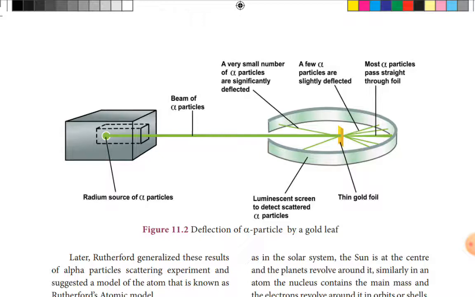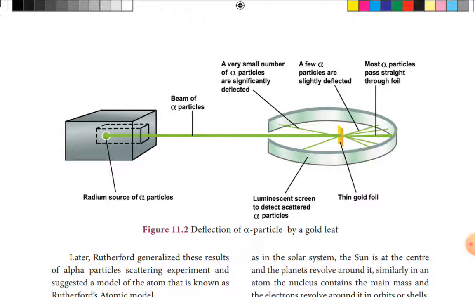See, the box is a lead box which contains a radium source of alpha particles. Radium is a radioactive material which is going to radiate the alpha particles. I told you alpha particles are nothing but doubly charged helium ions.